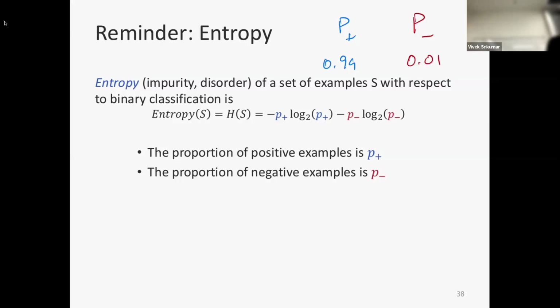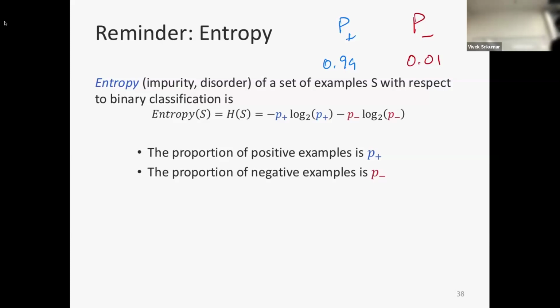More to formalize this notion of disorder or impurity, we have this definition of entropy, which I'm just going to read out. It is the negative of p plus log p plus minus p minus log p minus. So there's no point in staring at it as an equation.